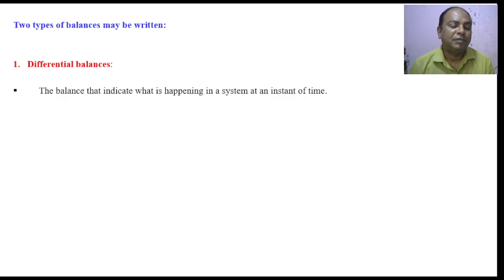That instant could be very short, it may be in seconds, it may be in minutes. When such a thing is happening in the system, we often use the differential balance.